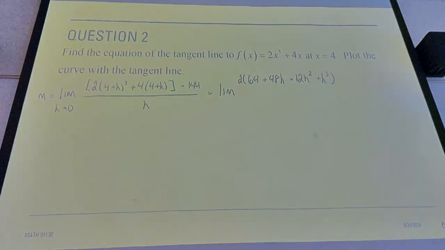There's 4 plus h cubed expanded out. Also distribute that 4 through the second term. Now we have to distribute that 2 through.